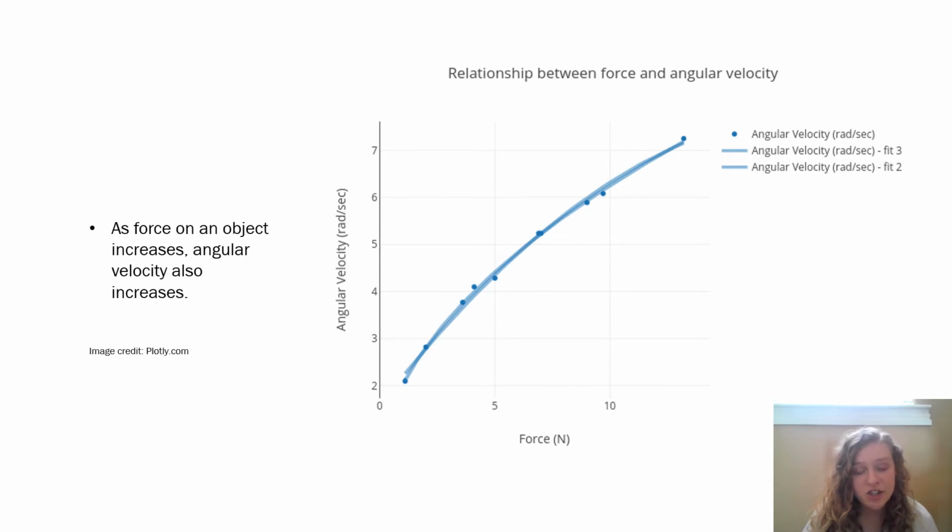This is a chart that just explains the relationship between force and angular velocity. So as it shows here, as the force increases on your object, your angular velocity is also going to increase, and vice versa. So they increase in the same direction.